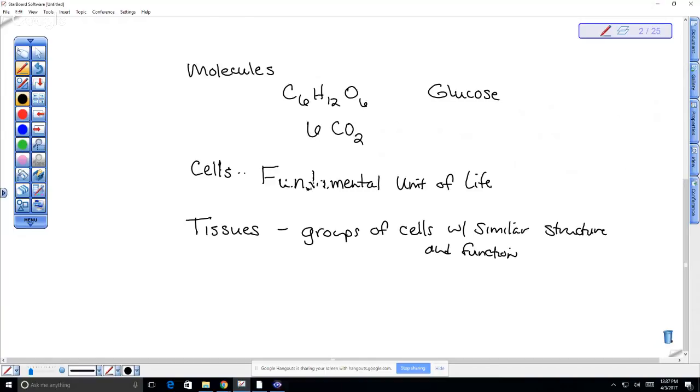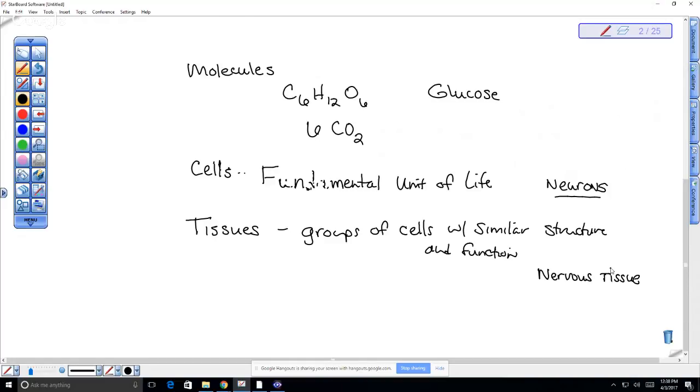So for example, we could have neurons, which are individual nerve cells, and then here we would have nervous tissue. Right? So the brain and the spinal cord are composed of nervous tissue, which has all kinds of neurons and also other helper cells associated with it.